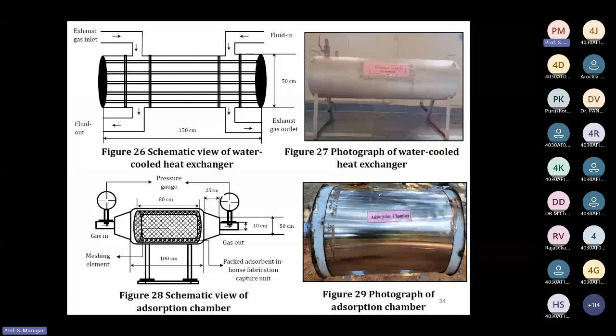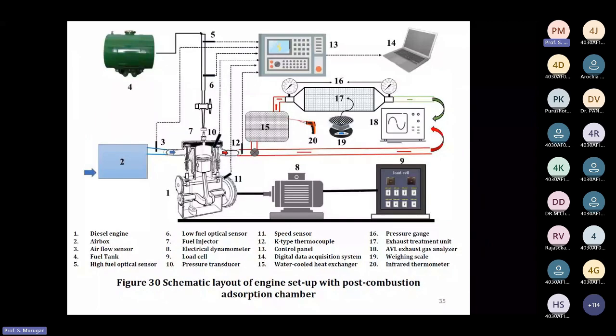Once we fabricated all these things, we wanted to conduct a series of experiments using this activated carbon, which is filled in the absorption chamber combined to a diesel engine exhaust. Initially, we did not attach it directly to a big diesel generator. Rather, we first conducted a series of experiments by attaching this absorption chamber to a single cylinder diesel engine.